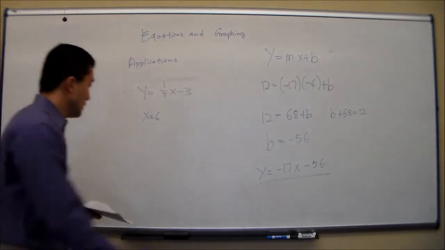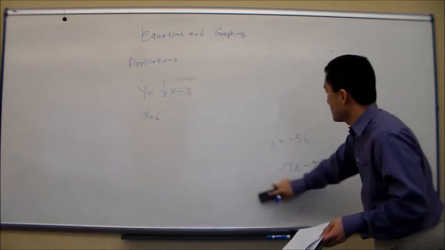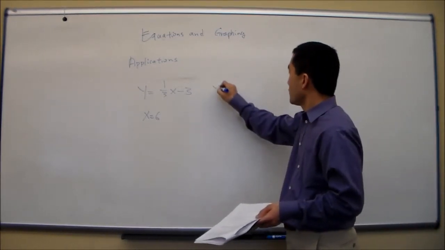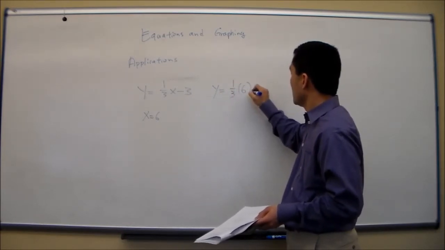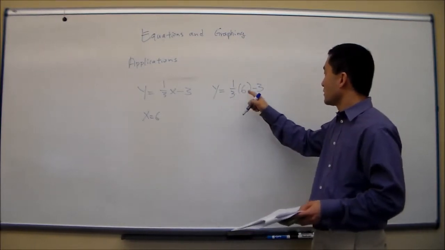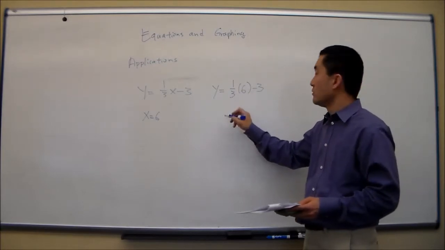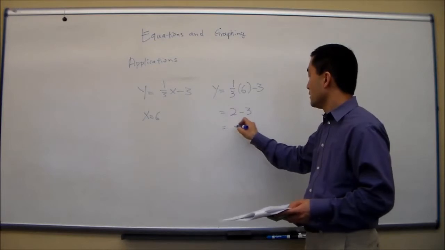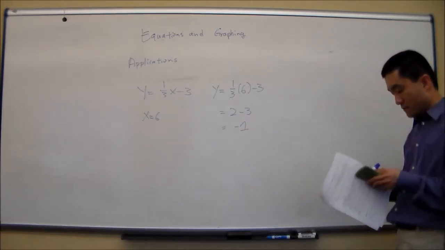Well, just plug it in. y is going to be 1/3 times 6 minus 3. So 1 divided by 3 times 6, that's like saying 6 divided by 3, so that's going to be 2. 2 minus 3, which is negative 1. Easy.